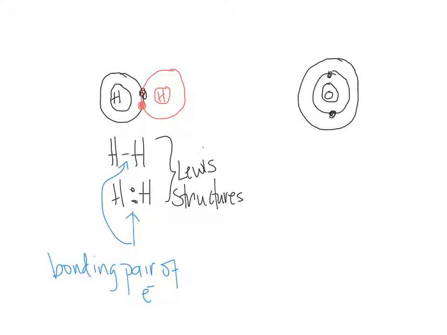So it's got to share 2 in order to gain another 2. You share 1 if you want 1 more, you share 2 if you want 2, you share 3 if you want another 3. So it's going to have 2 electrons closest to the next one, and then the rest of them are evenly spaced out.